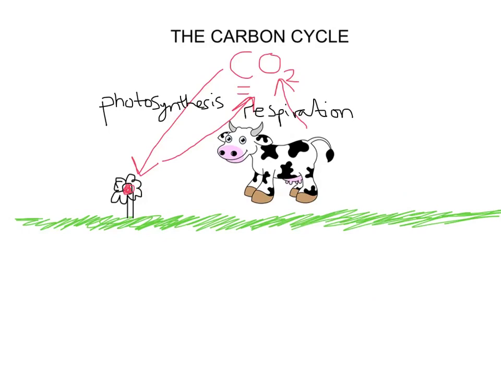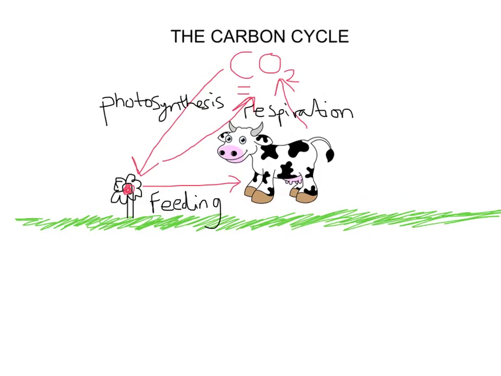Now, one arrow that most people miss on the carbon cycle is this one. Carbon within the plant in carbon-containing compounds can pass to the herbivore simply when it's being eaten. So feeding is one process on the carbon cycle not to neglect. So we've almost got a bit of a loop going on here with photosynthesis, respiration and feeding.